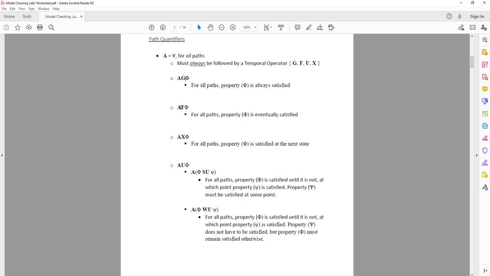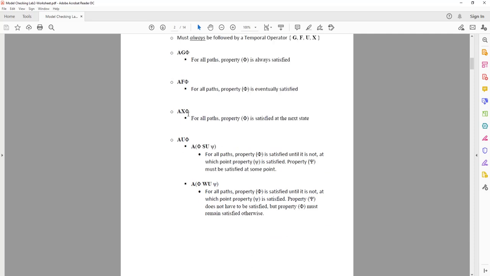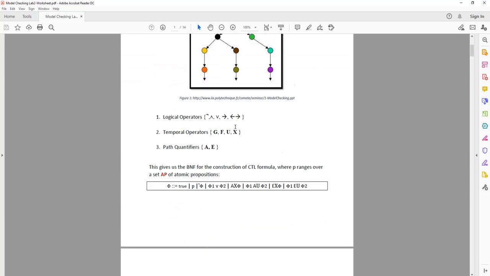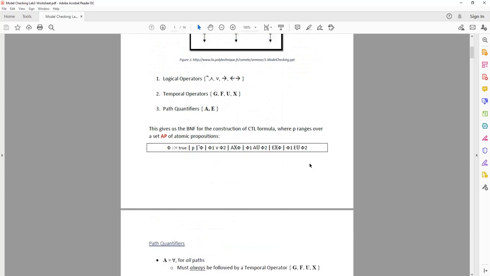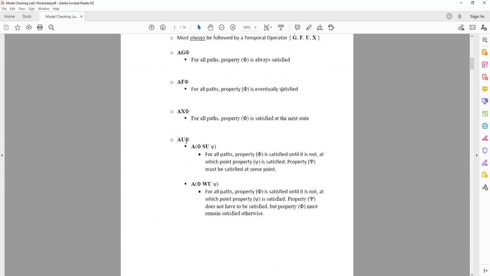For all paths, eventually phi is satisfied. For all paths, property phi is satisfied at the next state. So if you started here, phi is satisfied here and here. For all paths, phi strong until psi: property phi is satisfied until it is not, at which point psi is satisfied.